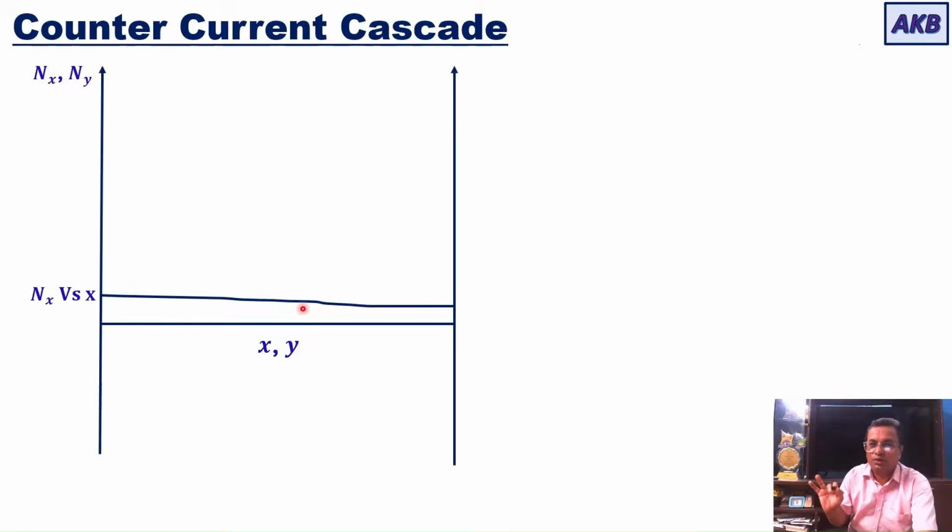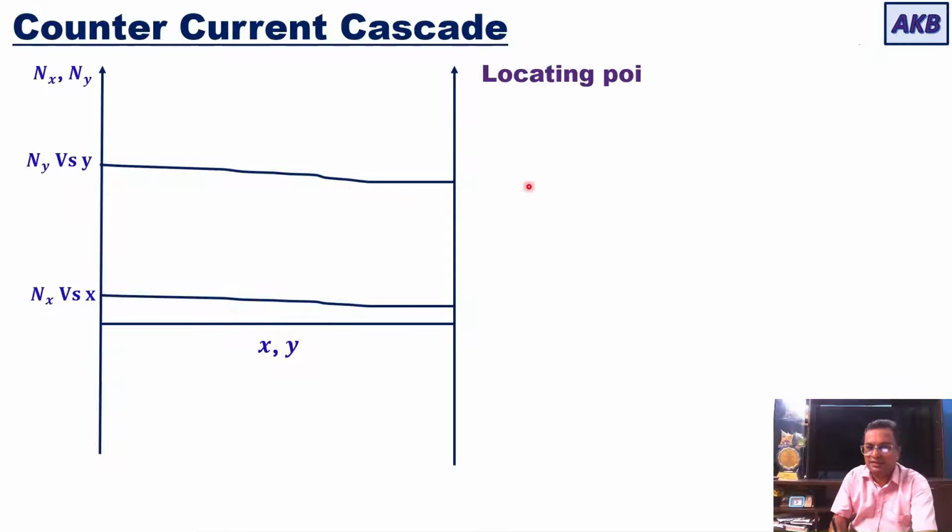But mostly overflow will not contain solids. In that case, this curve will coincide with the x-axis. Almost all the time it will be true. There is no need of plotting this curve. And then when you plot Ny versus Y, you will be getting this curve.